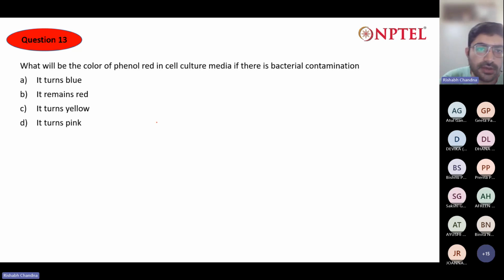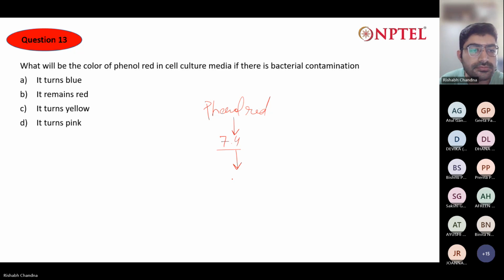So what happens is, when phenol red is at neutral pH, around 7, and 7.4 is the physiological pH maintained inside the cell culture, what is the particular color that it gives in the media? Can anybody tell? Dark pink, or rather we say that it gives a red color to the media at physiological pH.